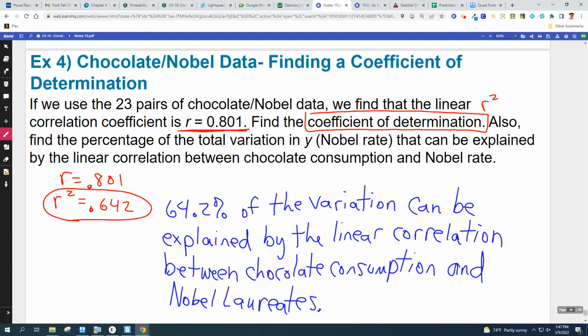They have a correlation coefficient of 0.8. Those two variables are related, but what we're getting at here is that correlation does not imply causation. That's a different thing. Eating more chocolate does not cause you to win a Nobel Prize, right? But this is attempting to explain that. It's saying 64% of that variation can be explained by the linear correlation. It doesn't cause it, but we're trying to explain it away.